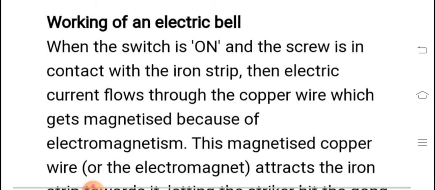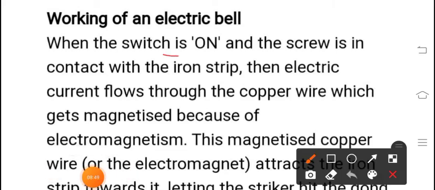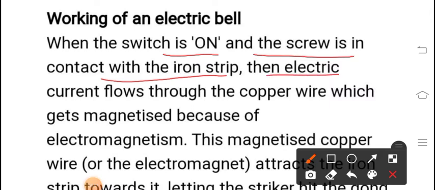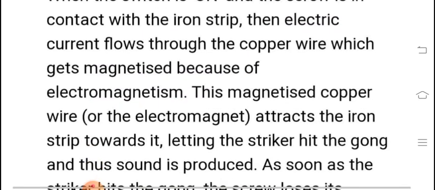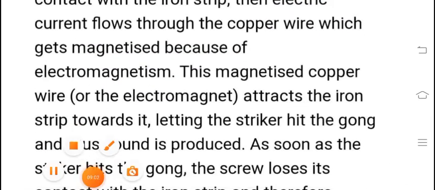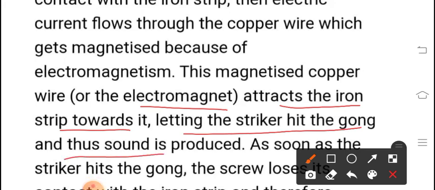Here is the working of an electric bell. When the switch is on and the screw is in contact with the iron strip, then electric current flows through the copper wire, which gets magnetized because of electromagnetism. This magnetized copper wire, or the electromagnet, attracts the iron strip towards it, letting the striker hit the gong, and thus sound is produced.